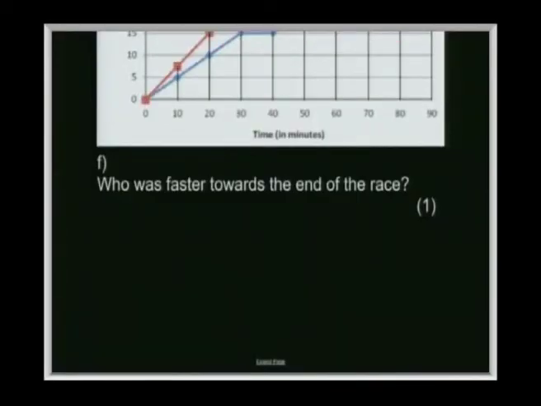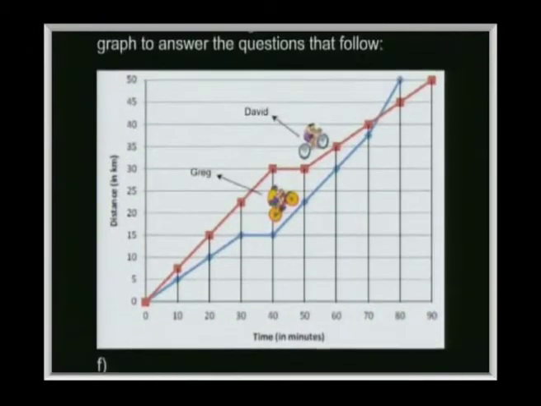Who was faster towards the end of the race? Well, we don't have to do any calculations of any sort. You could do an average speed and work out who actually was faster. But just by looking at the graph, we'll be able to tell who was faster.